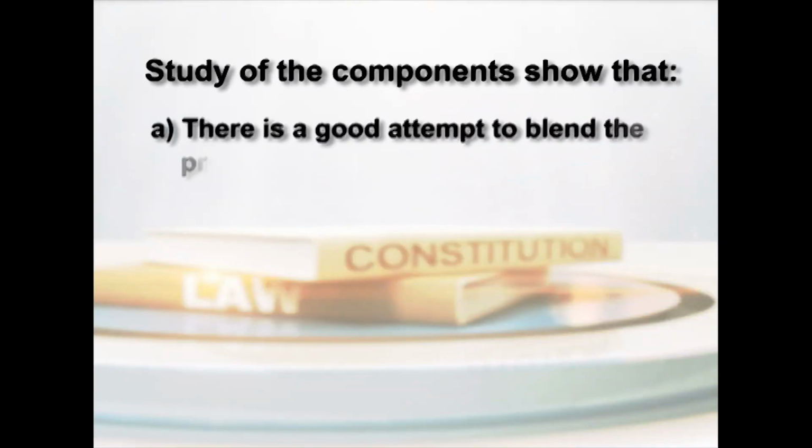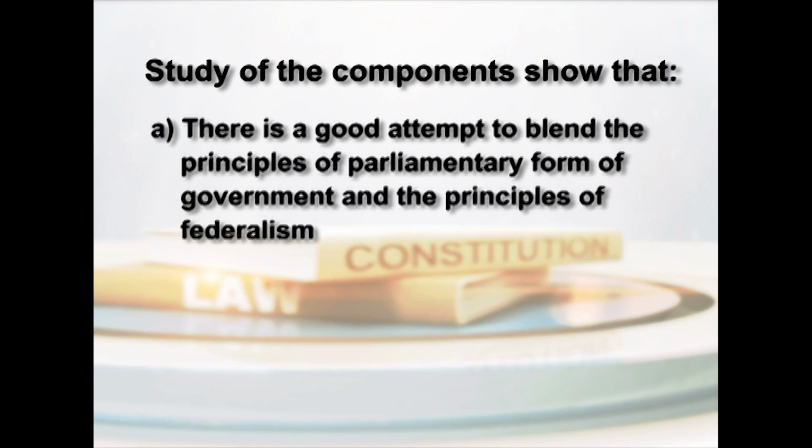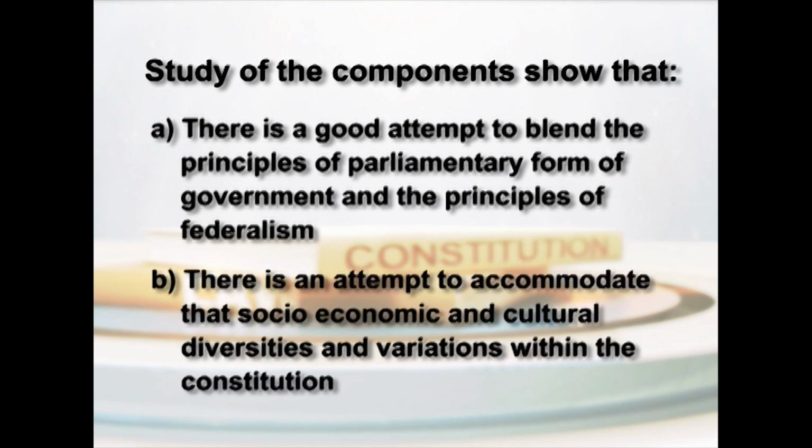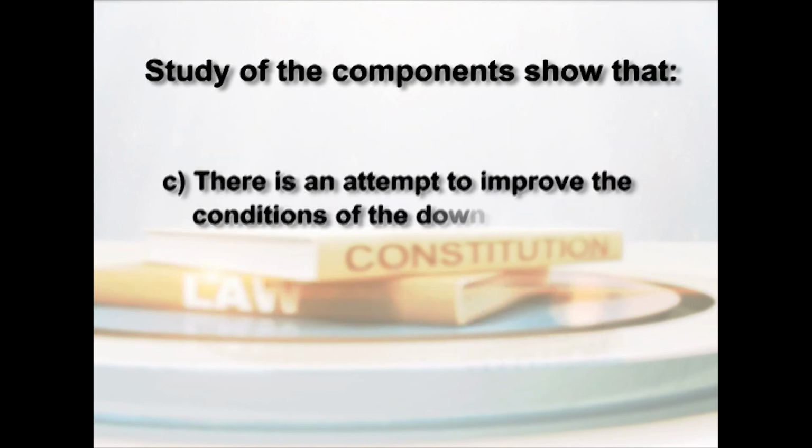First, there is a good attempt to blend the principles of parliamentary form of government and the principles of federalism. Two, there is an attempt to accommodate the socio-economic and cultural diversities and variations within the Constitution. And of course, there is an attempt to improve the conditions of the downtrodden.